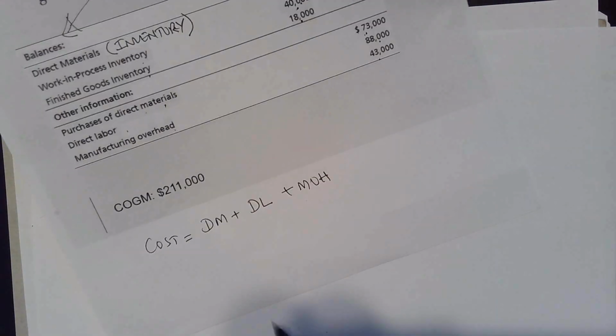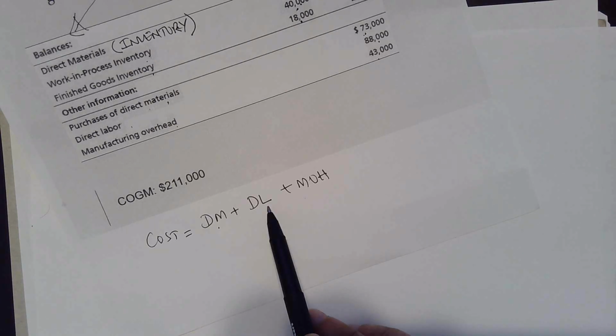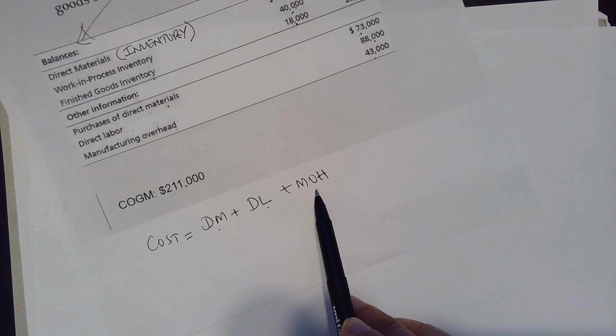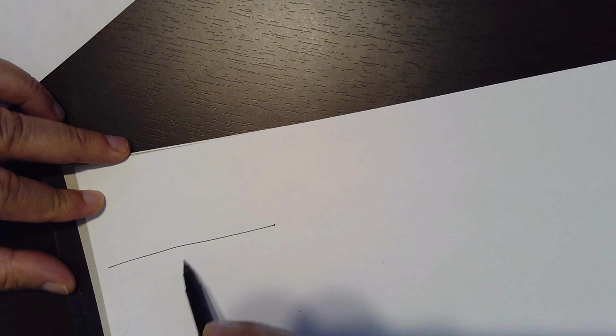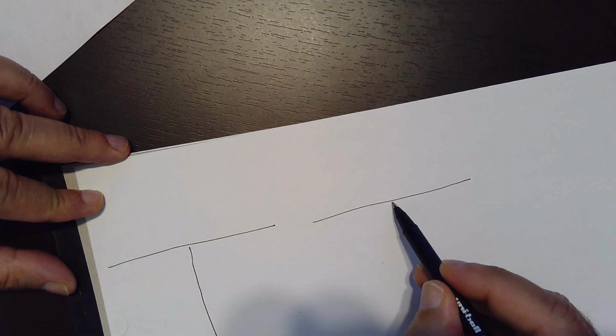I just want to bring up this formula, because this chapter talks about it: direct material plus direct labor plus manufacturing overhead. So I am going to divide this solution in three T accounts that I am going to use.